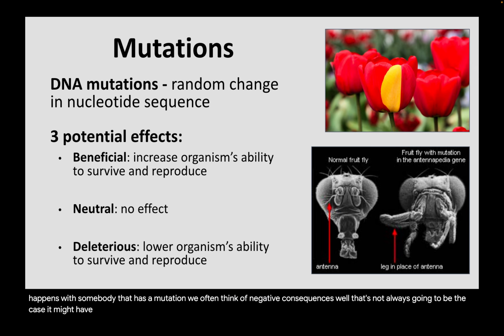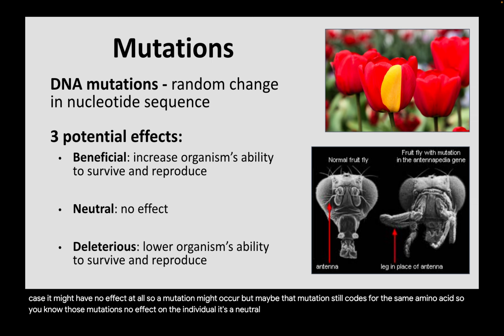It might have no effect at all. So a mutation might occur, but maybe that mutation still codes for the same amino acid. So even though there's a mutation, there's actually no change, right? Has no effect on the individual. It's a neutral effect. Likewise, maybe the mutation does cause a change, but that change is for the better.